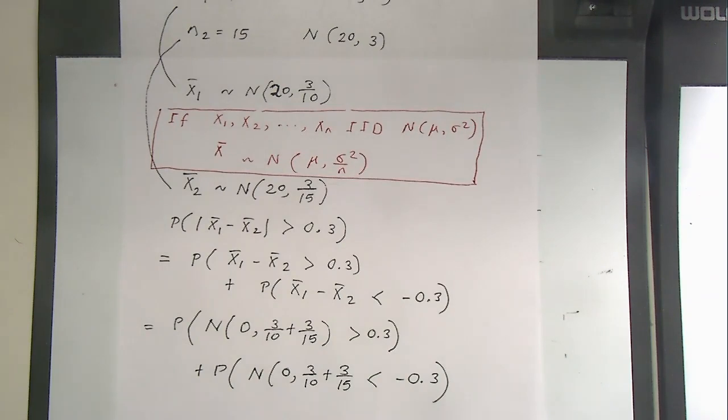The next step would be to standardize them so that this reduces to normal 0, 1, and this reduces to normal 0, 1, and then work it out using tables. Do you guys know how to proceed from this step? I assume you would know. Otherwise, you can look up the solutions online.